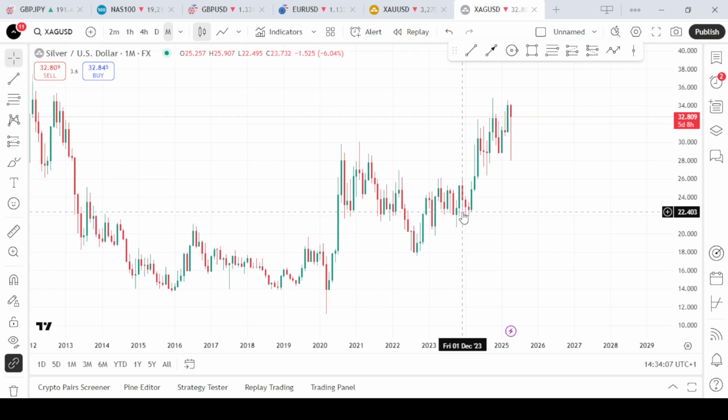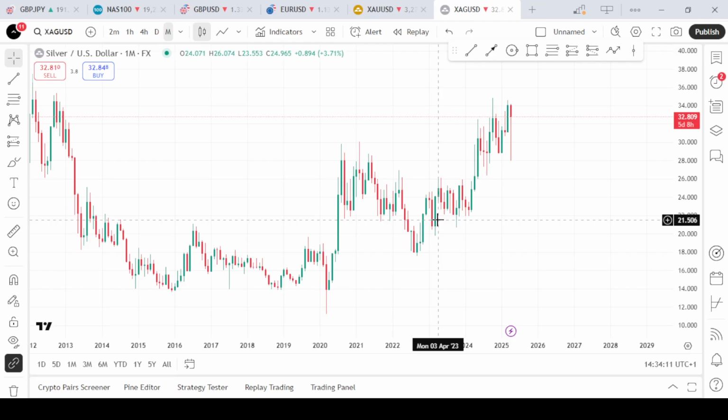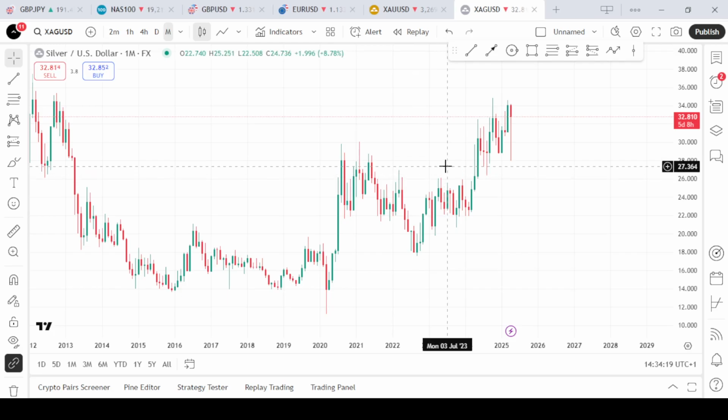Now, the absolute momentum measures an asset's own performance over a specific period, such as whether it has delivered positive returns compared to its past price range, while the relative momentum, on the other hand, compares the performance of different assets to determine which one has overperformed their peers over the same period.